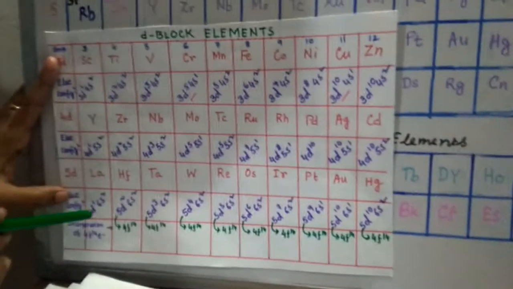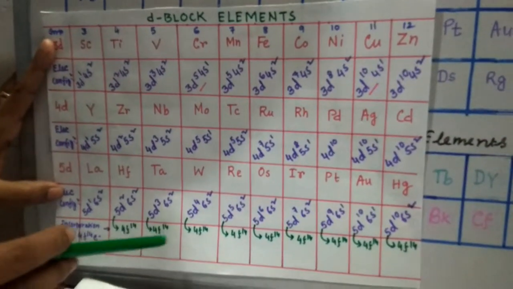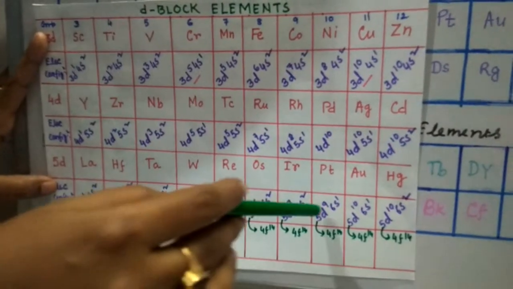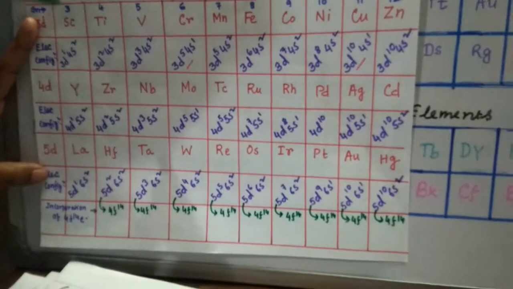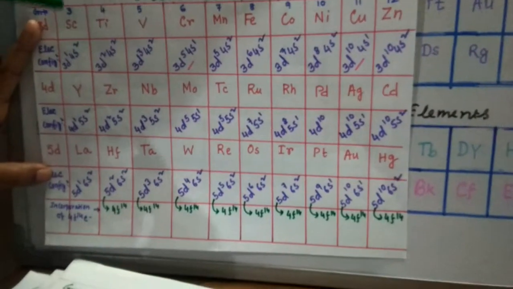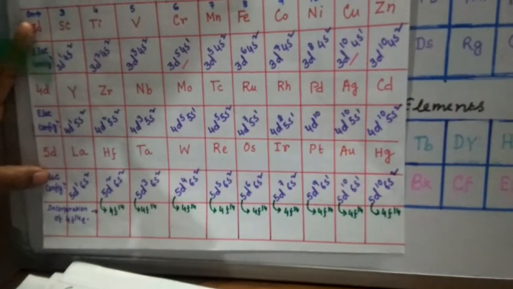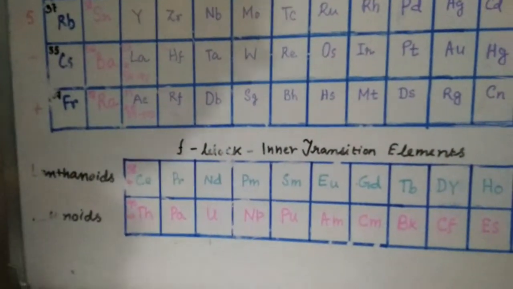In the 5d block you have incorporation of 4f electrons also. So this is all about the electronic configuration of the s, p and d block elements, and now you know why they are called s block, why they are called p block and why they are called d block elements.